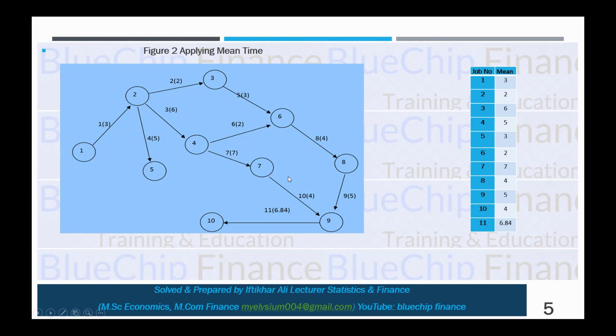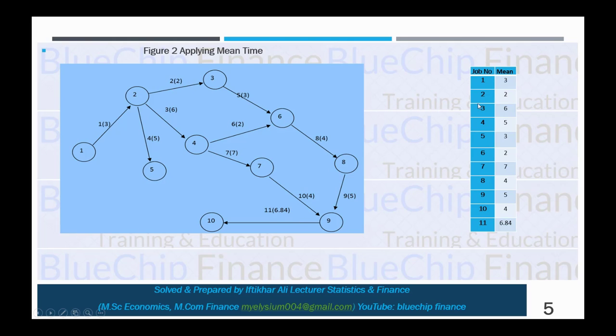I used the same diagram 2 to 3 times, or maybe 4 times, to make it easier to understand. Otherwise you can do the whole process within the same one diagram, but I used the same diagram more than one time for your convenience of understanding.